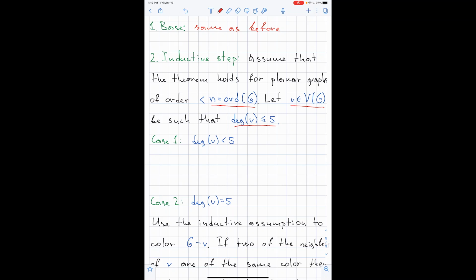Now the first case is if the degree of V is less than 5. Well, if that's the case, then we can proceed the same way as before, because then 5 colors are enough to color it.